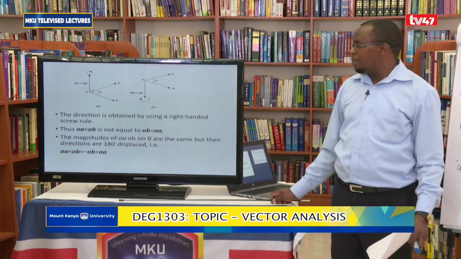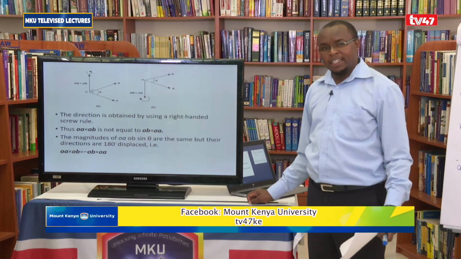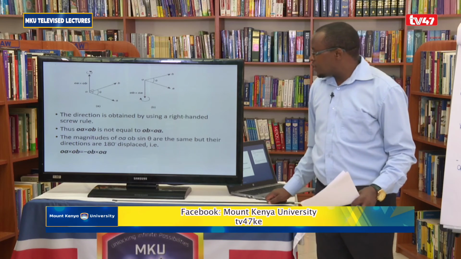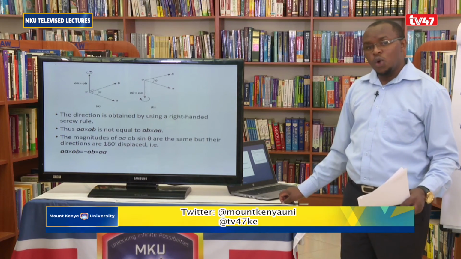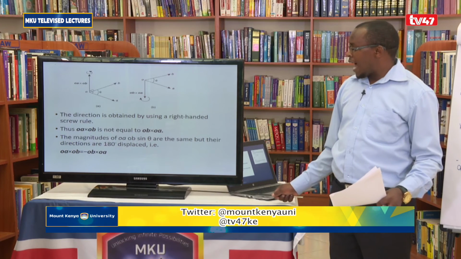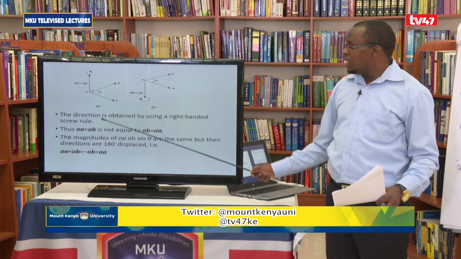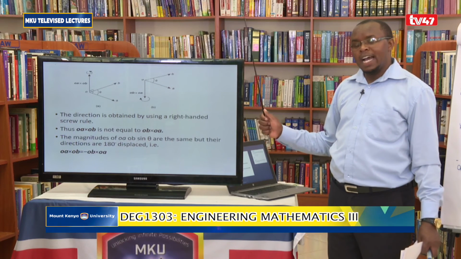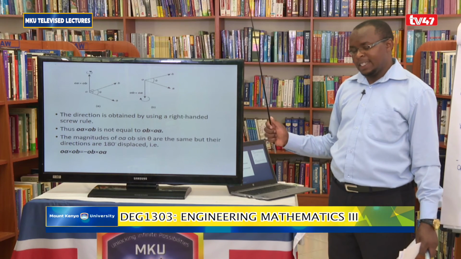The resultant product is going to be a vector, and therefore it's going to face a certain direction. Now, this direction that it's going to face is usually shown, or we usually use a screw rule to denote or to get the direction of the vector that is going to be assumed by the resultant vector.